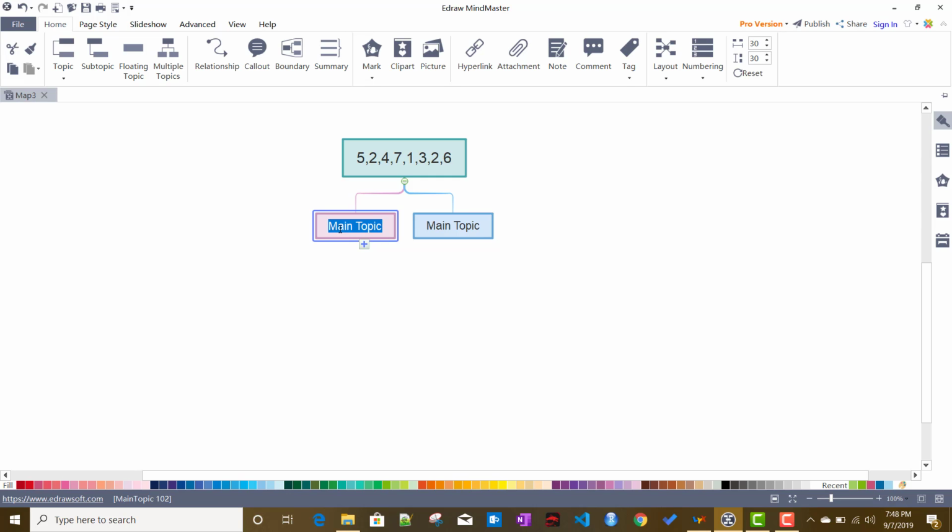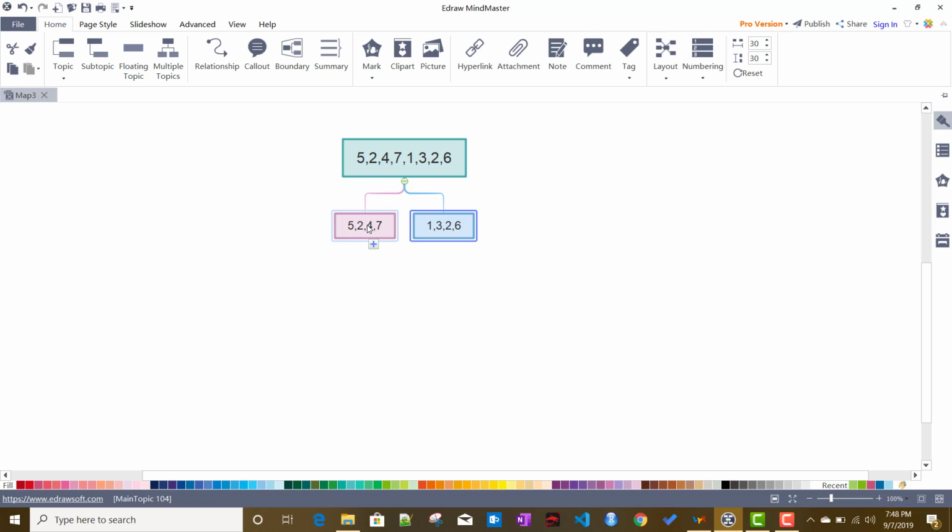One sub array is 5, 2, 4, 7, the first 4 elements, and the second sub array is 1, 3, 2, 6.